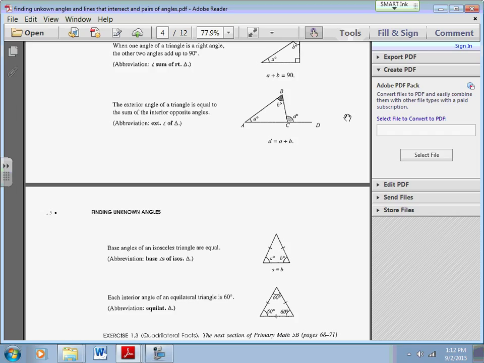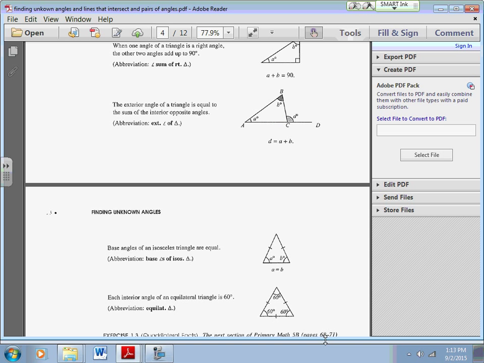Remember, the exterior angle is always equal to the opposite two interior angles, not this one. This one that is right next to it, that's an adjacent angle. Those two add up to equal 180. So make sure you distinguish that, okay?